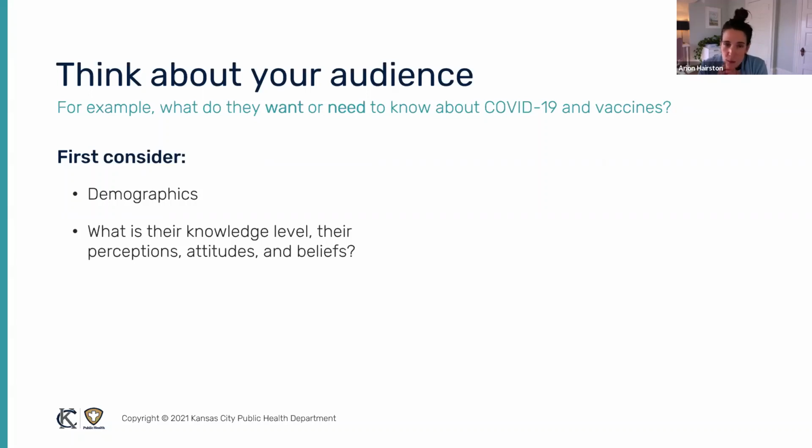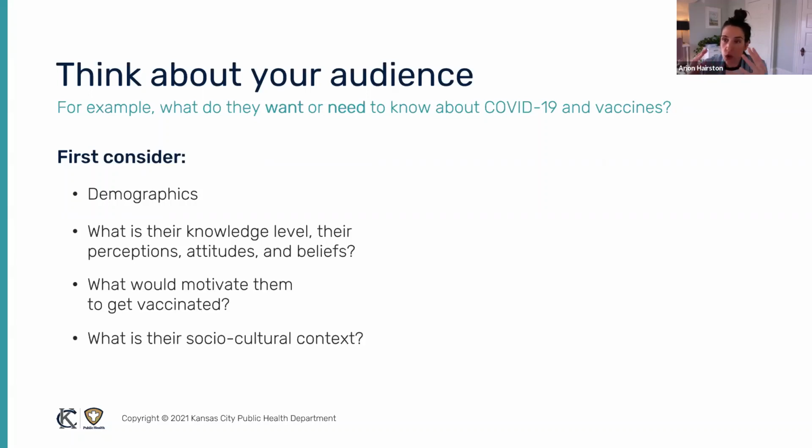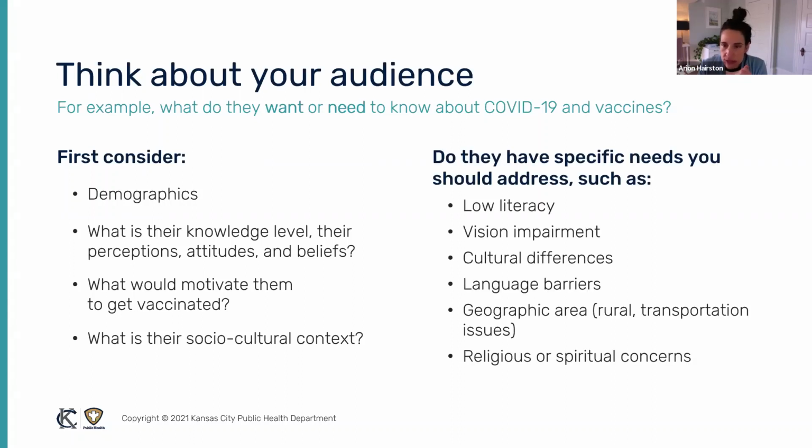What motivates them? What is their socio-cultural context? And then do they have specific needs? Does this tend to be a low literacy audience? Is there a language barrier? Are there religious or specific spiritual concerns to take into account? Geographic area, such as rural versus urban or suburban. These are all the things to be making notes about and be really thinking through as you're developing your content.